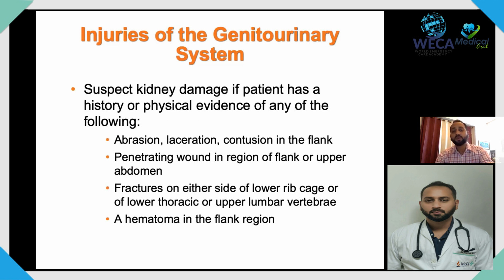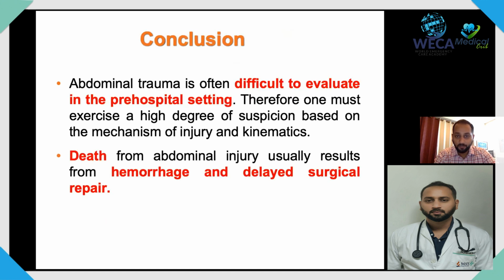So we need to suspect kidney damage if a patient has history or physical evidence of any of the following: any abrasion, laceration, or contusion in the flank, the Grey Turner sign that we spoke of; penetrating wounds in the region of the flank or upper abdomen; fractures of the lower rib cage or lower thoracic or upper lumbar vertebra on either side; or a frank hematoma in the flank region. That can give us an indication that there may be kidney damage.